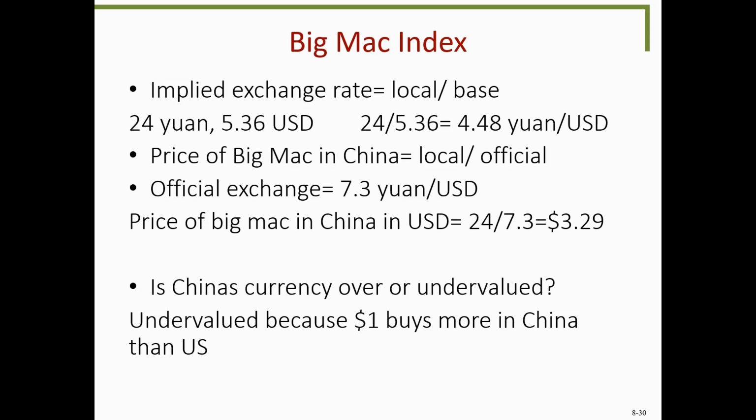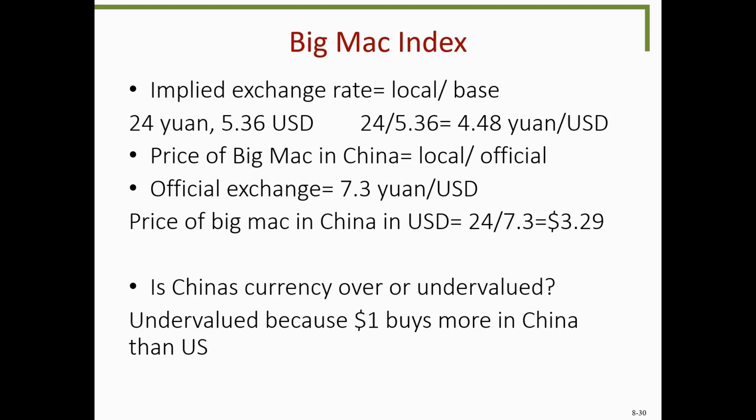So I'm going to be going over an example of the Big Mac Index. The normal implied exchange rate is the local currency divided by the base currency. For this example, we're going to be calculating it for a Big Mac in China.